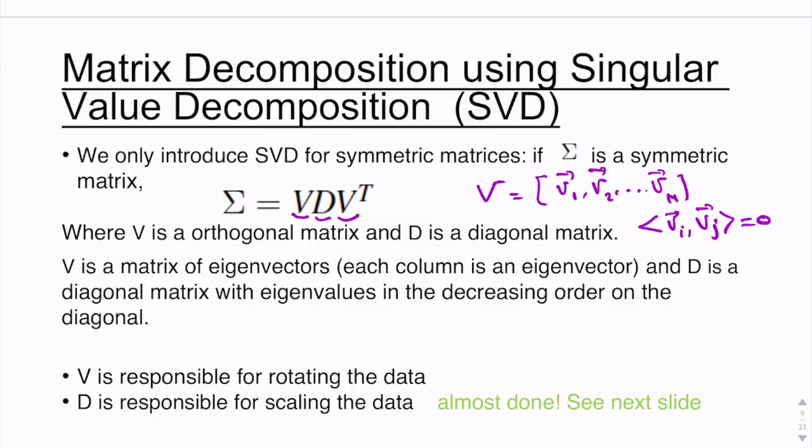So if V1 is an eigenvector, and I multiply sigma by V1, then the result would be V1, but a scaled version. What is the scale? This is multiplied by D1. What is D1? D1 is the eigenvalue.